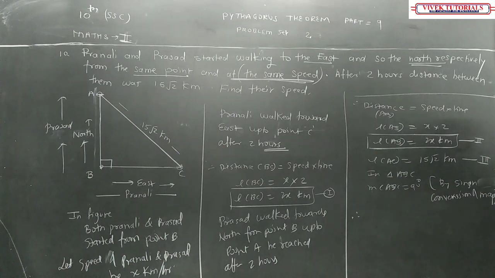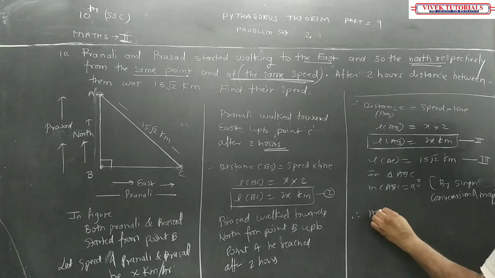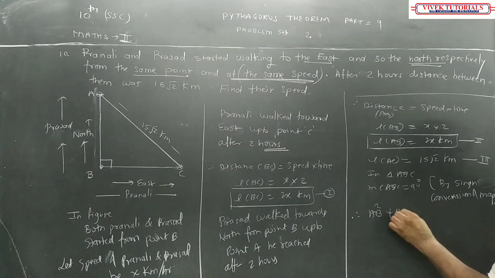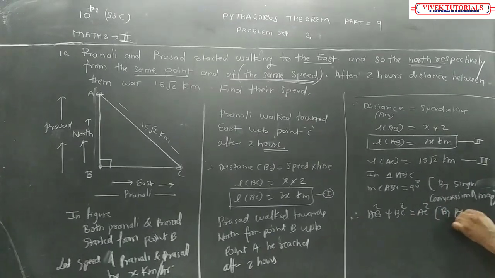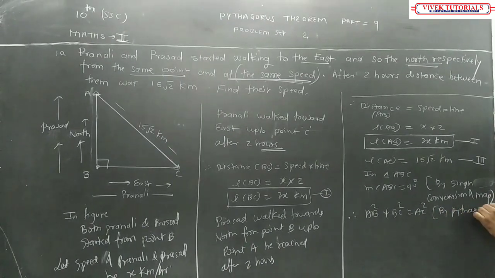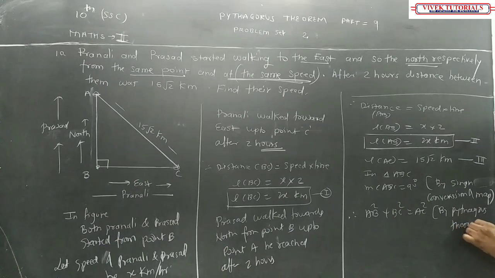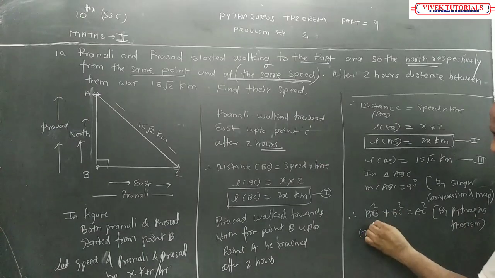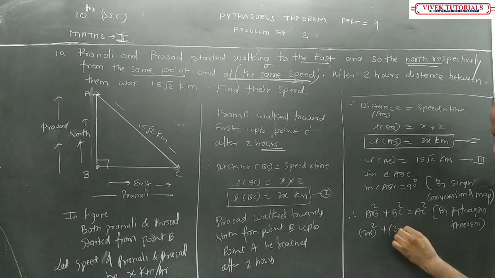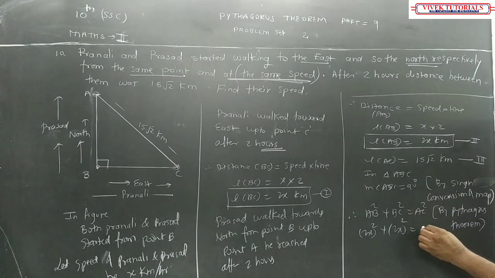Therefore, AB square plus BC square is equal to AC square by Pythagoras theorem. So, now it is (2x) square plus (2x) square is equal to (15√2) the whole square.